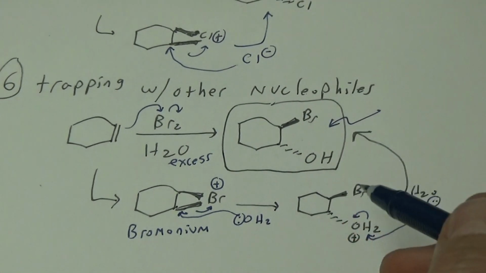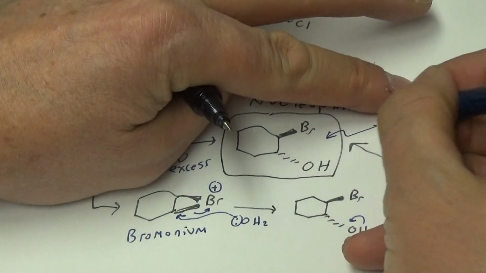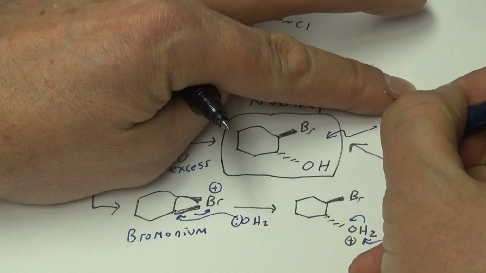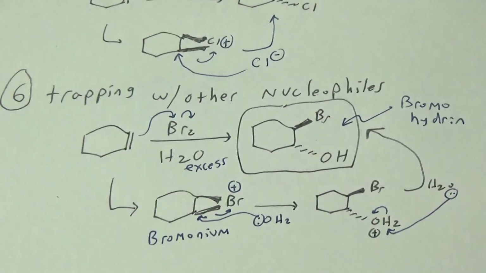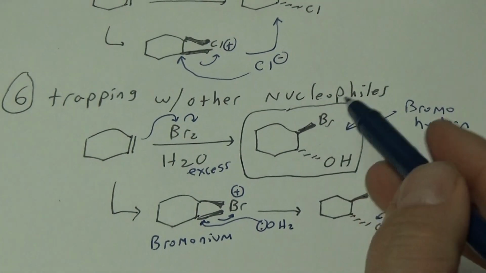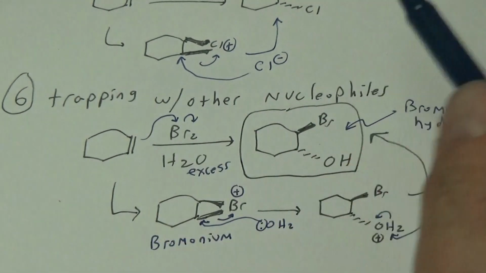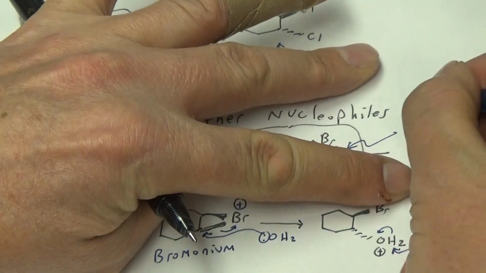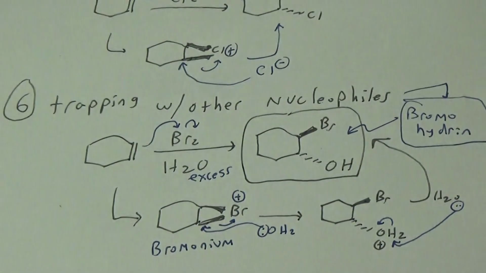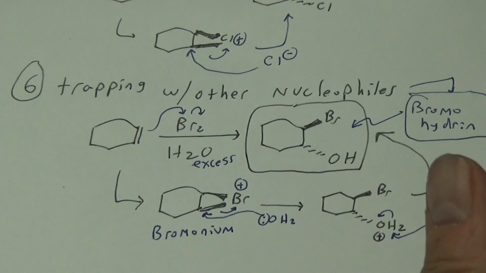It's called a bromohydrin. So you could say trapping with other nucleophiles makes bromohydrin, or it could make a chlorohydrin as well. Alright? Cool.